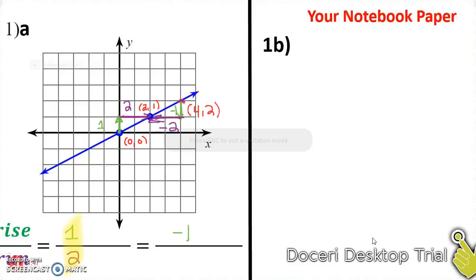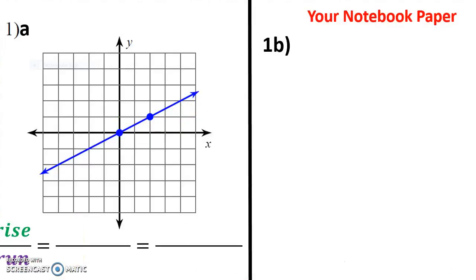When your movement horizontally is to the left, you have a negative run. So we have -1 over -2, but we all know that -1 divided by -2, because that fraction bar is the same as a division symbol, negative divided by a negative is a positive, so it is equivalent to 1/2. So no matter what 2 points I use, I'm still going to get that the slope of this line is 1/2. All right, that's using the graph.